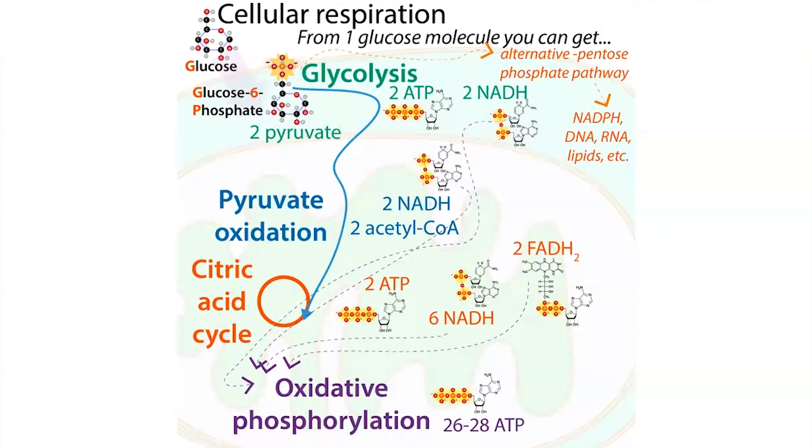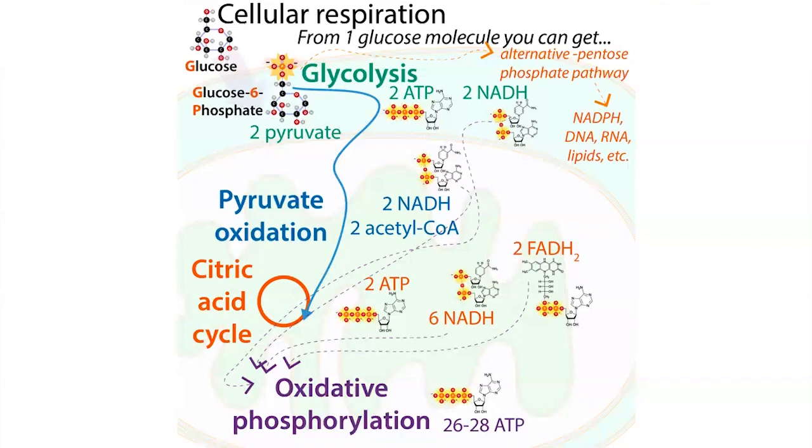So if we want to make lipids, if we want to make steroids, if we want to make DNA and RNA bases, we can go down the pentose phosphate pathway. We didn't have time to go into it, but there are basically oxidative and non-oxidative forms of it. If you want NADPH, you can do the oxidative form. But if you just need your nucleobases, you could do the non-oxidative form and still use those electrons to get energy. So there are various different things that you could do from that pentose phosphate pathway.